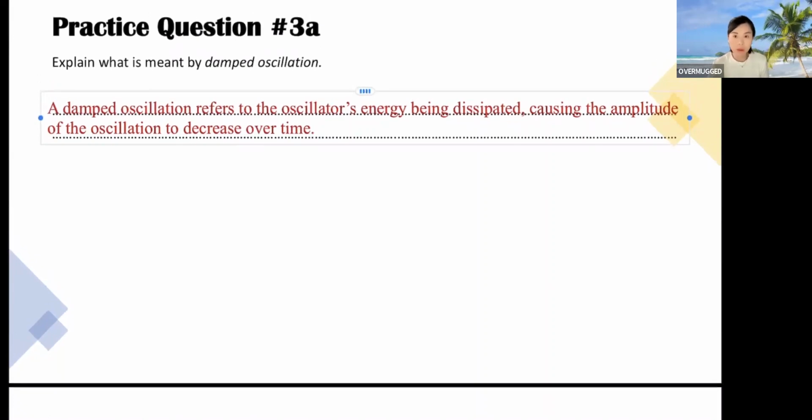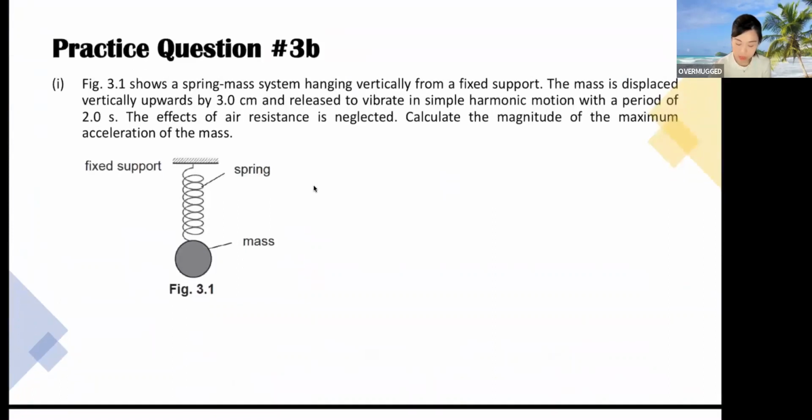So this is what a damped oscillation is. Keyword, make sure you mention that the amplitude of the oscillation decreases over time. Okay, now, next one.